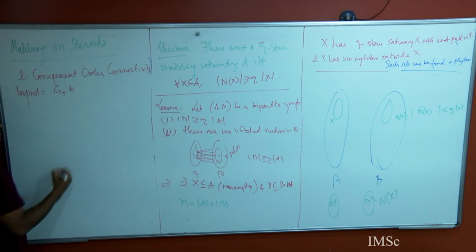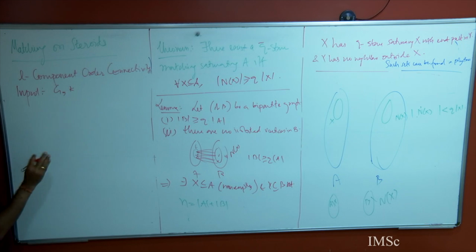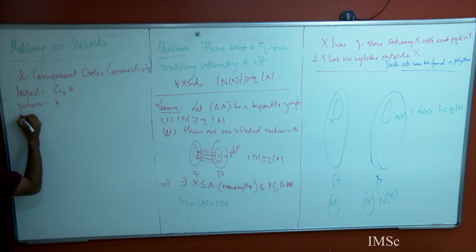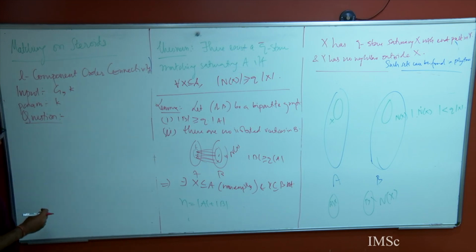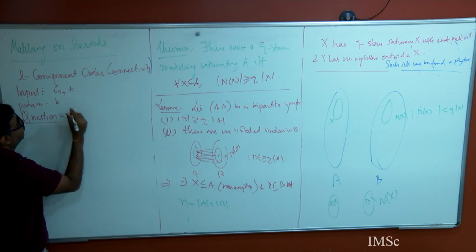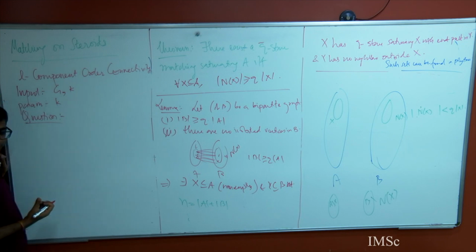So what is component order connectivity? I want to delete k vertices such that every component has size at most L.